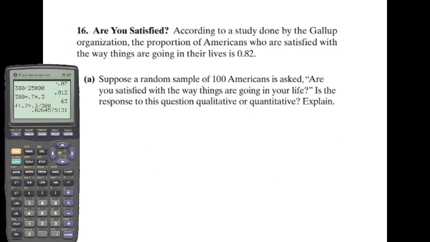Suppose that a random sample of 100 people is asked, are you satisfied with the way things are going in your life? Is the response to this question qualitative or quantitative?